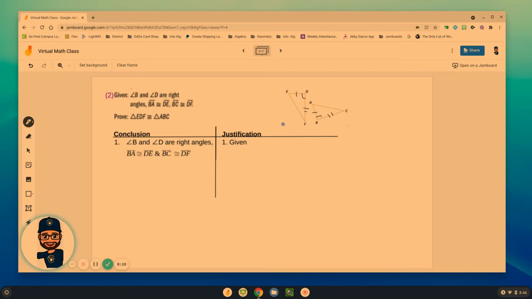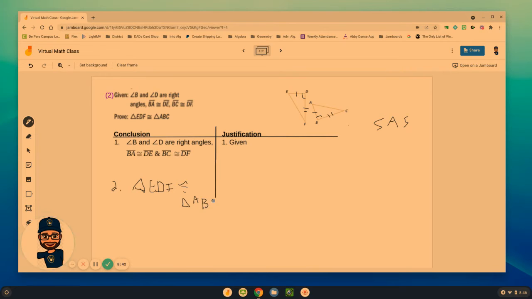Do we have enough information? A side to an angle to a side. Is side, angle, side a valid congruence? And it certainly is. So in this one, we can go right to the end to say that triangle EDF is congruent to triangle ABC.